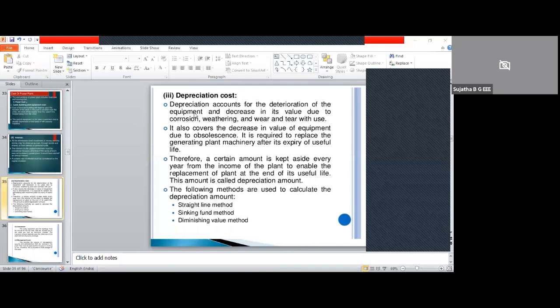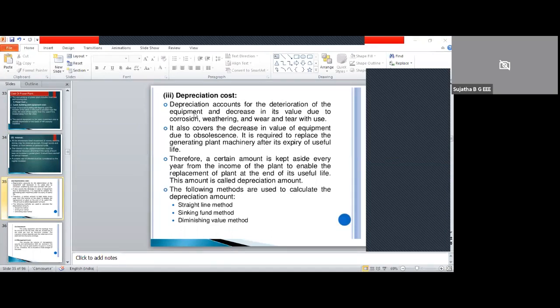What is this depreciation cost? It accounts for the deterioration of the equipment and decrease in its value due to corrosion, weathering and wear and tear with use. To understand this, consider your property, maybe your house, or the best example, your vehicle.